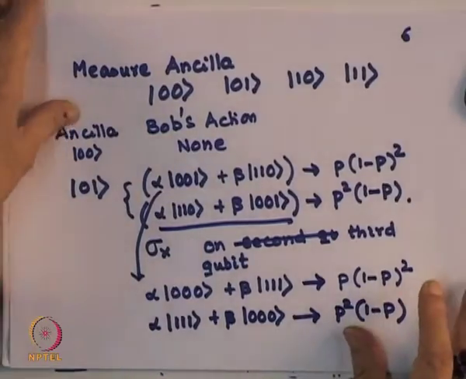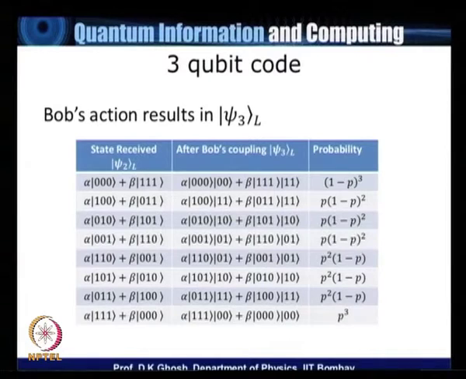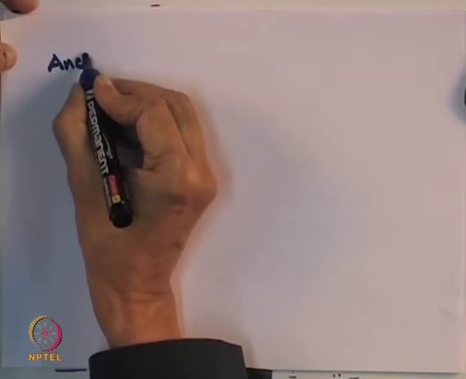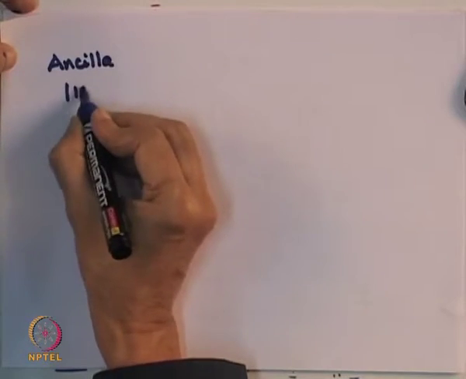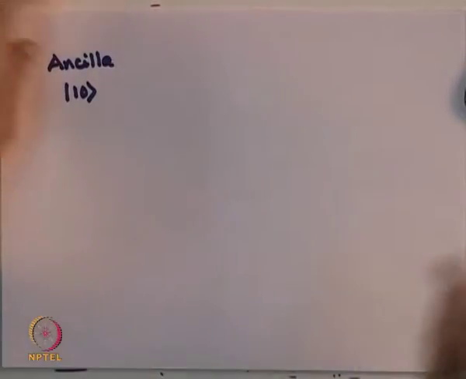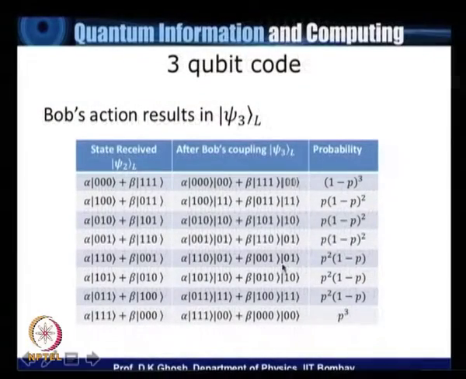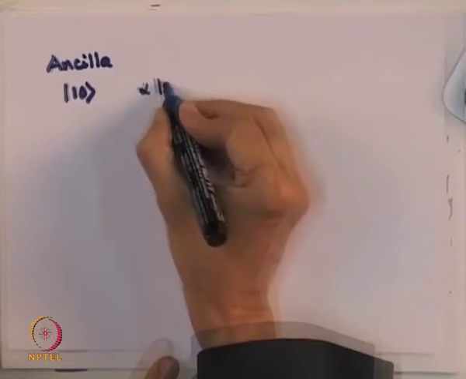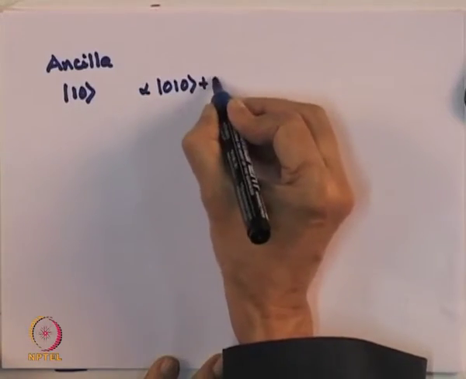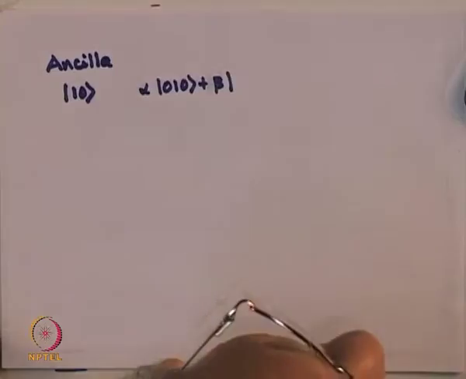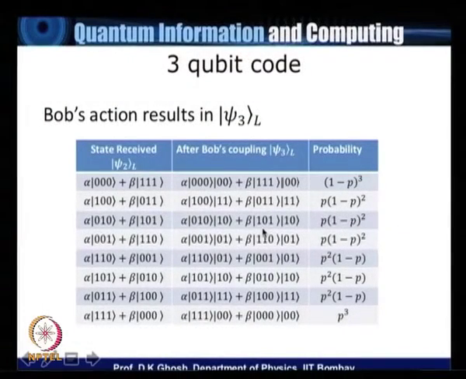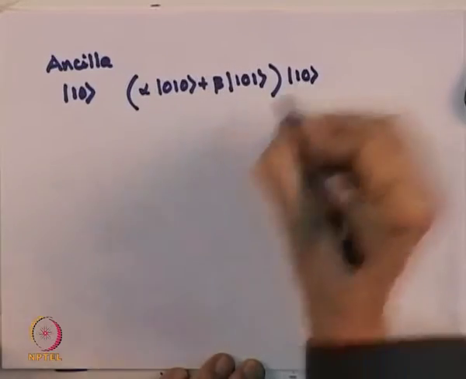Look at the slide again. If the ancilla bit is measured to be 1 0, the ancilla state is 1 0. Again, there are two places where such a thing happens. This is alpha 0 1 0 plus beta 1 0 1 with 1 0.